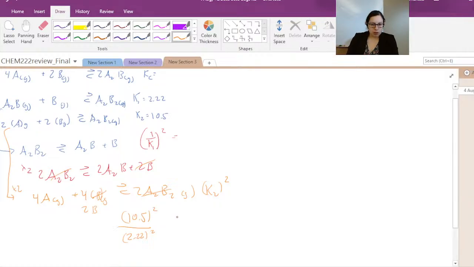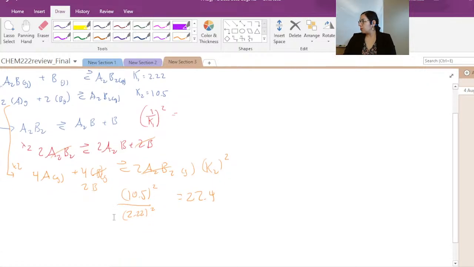So yeah, we should get 22.4 for our new rate constant. Multiply them together to get to the final answer. Yeah, so right, that's all I did was multiply them together, but it's just one's on bottom, right, because we flipped the equation.